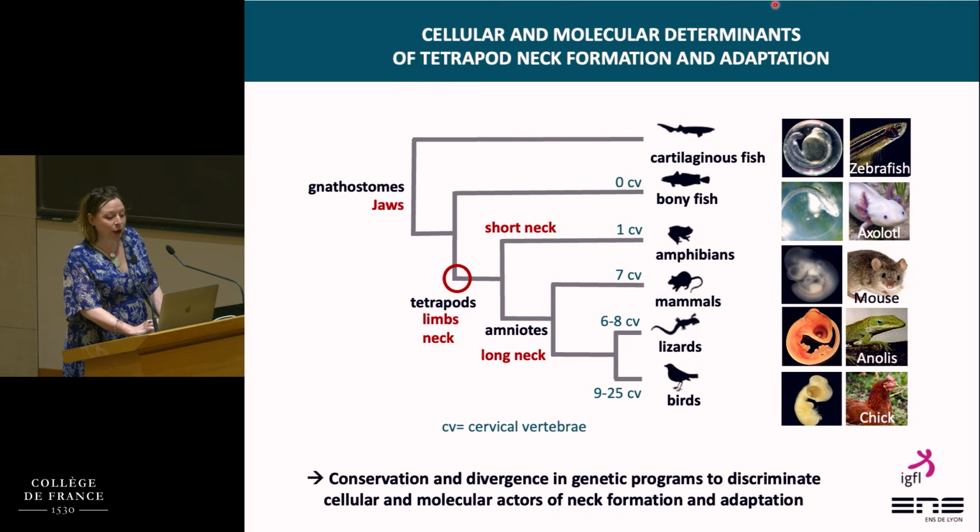And here we hope that this comparative approach will allow us to determine the conservation and divergence in genetic programs and to discriminate the cellular and molecular actors of neck formation and adaptation.